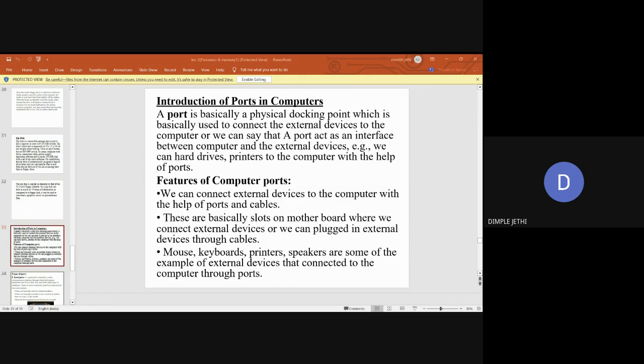Yes, anybody? Nobody has heard about ports? You haven't heard about ports in a system? Yes, Francis? Let me try. Yes.